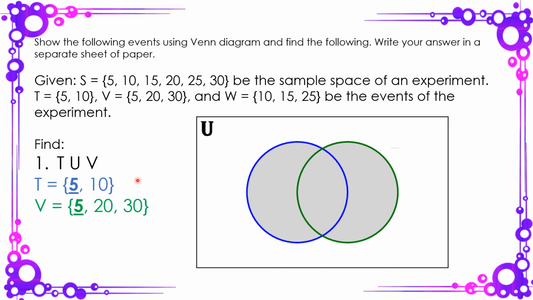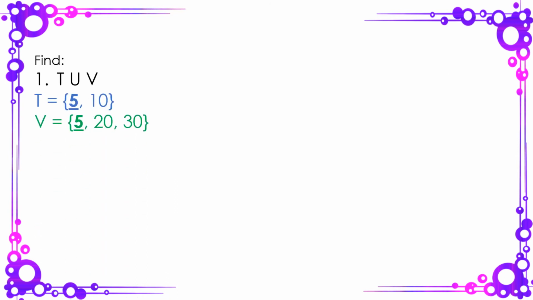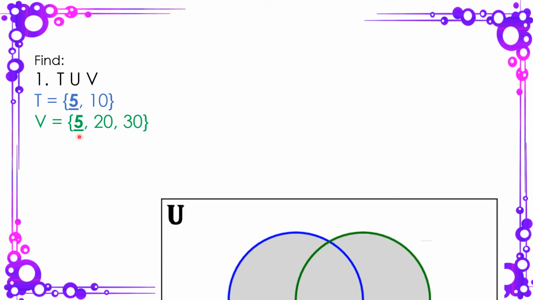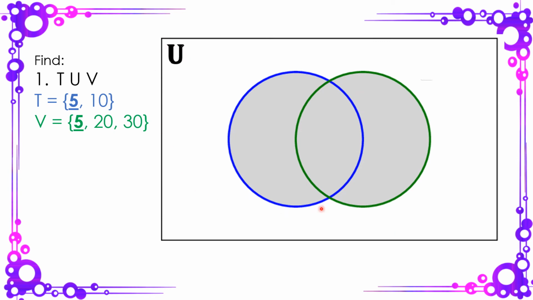So let us continue to create a Venn diagram for our example. T union V, we have here in T 5 and 10, and in V we have here 5, 20, and 30. And as you can see here, we have same possible outcome 5 for T and for V. So we have here a Venn diagram for union. So it looks like this.